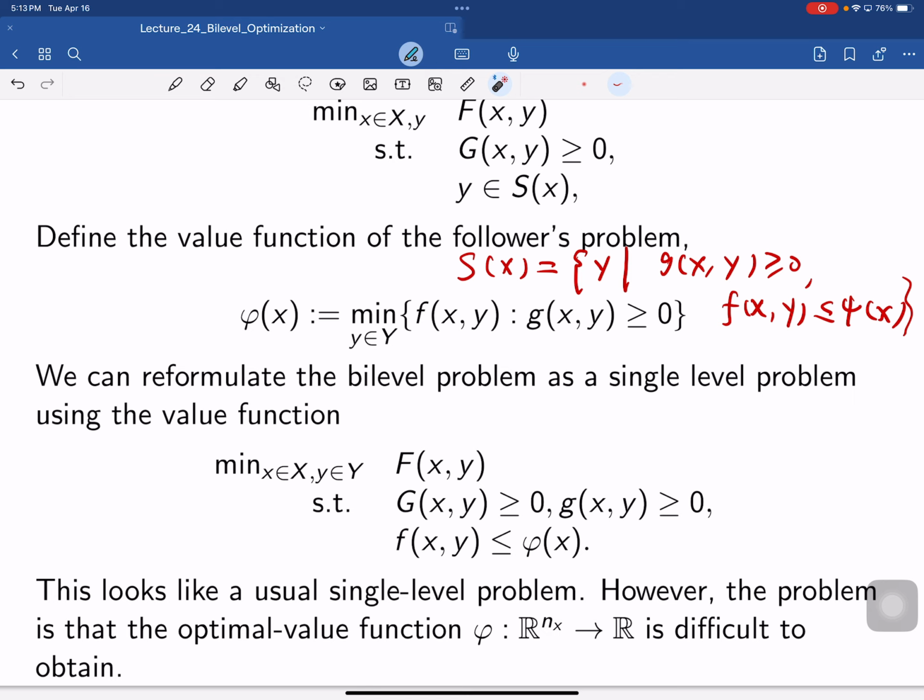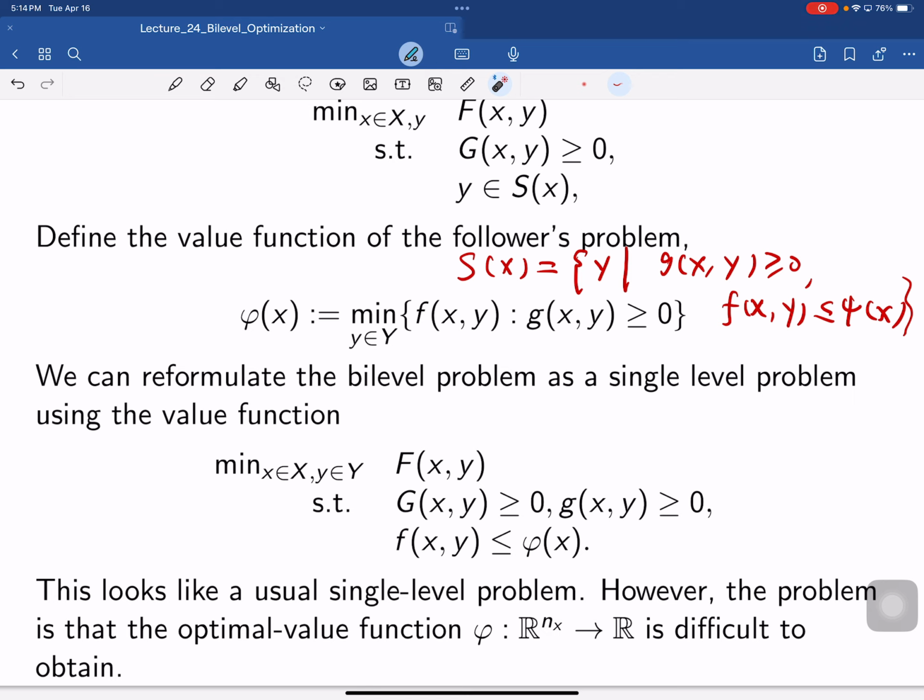Of course, the difficulty here is that it is very hard to get this value function. For the production problem, it has a closed form solution, but imagine this lower level problem is an MLP. Then how do you get the value function of an MLP?